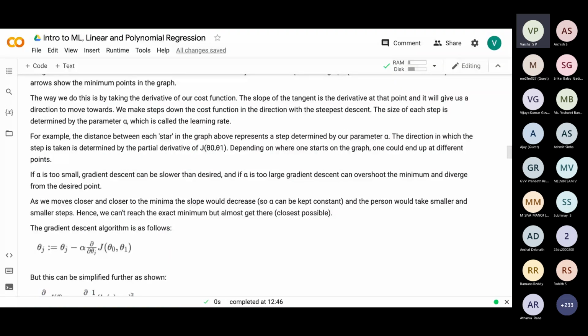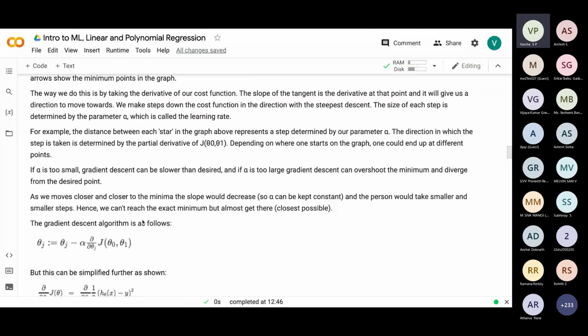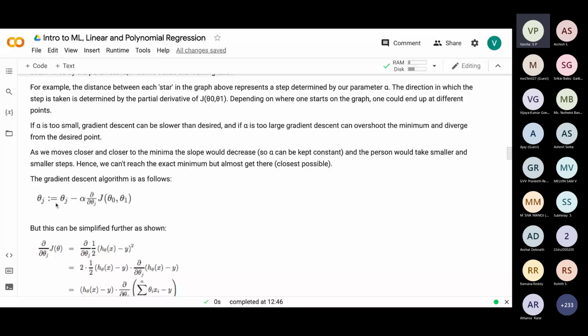Now, in this equation, as you can see here, theta j is equal to theta j minus alpha times the differentiation of the cost function. So what is alpha here? Alpha is called a learning parameter, which is actually a hyperparameter. What is its use?